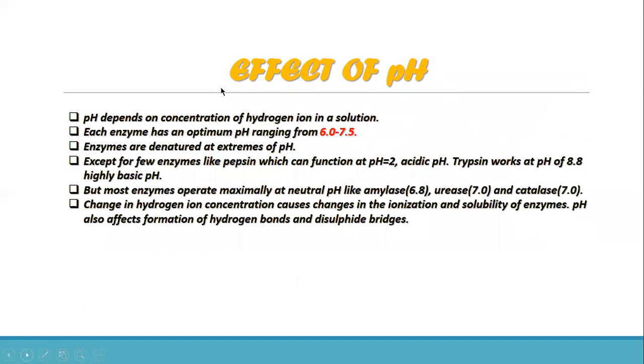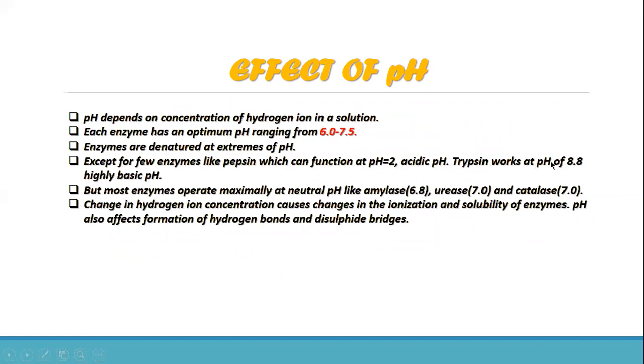Effect of pH. pH depends on the concentration of hydrogen ions in a solution. Each enzyme has an optimum pH ranging from 6.0 to 7.5. Enzymes are denatured at extremes of pH, except for a few enzymes like pepsin, which can function at pH 2, acidic pH.